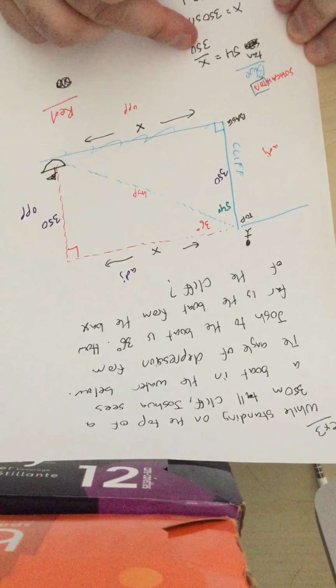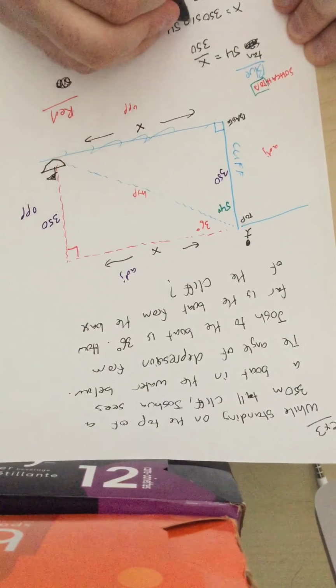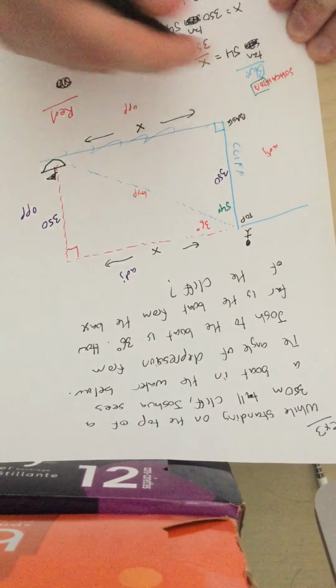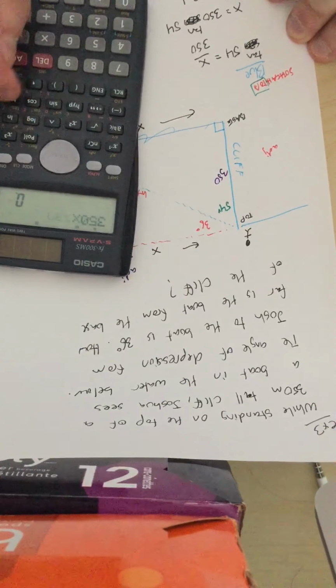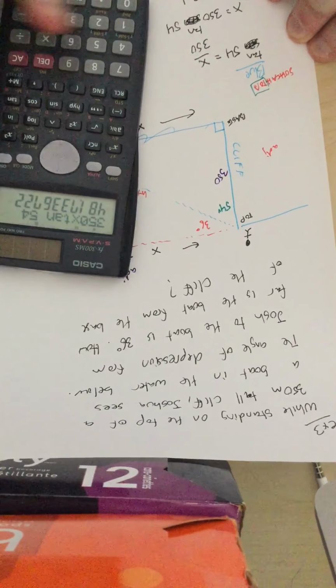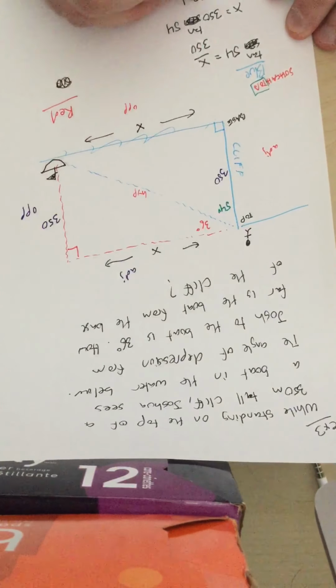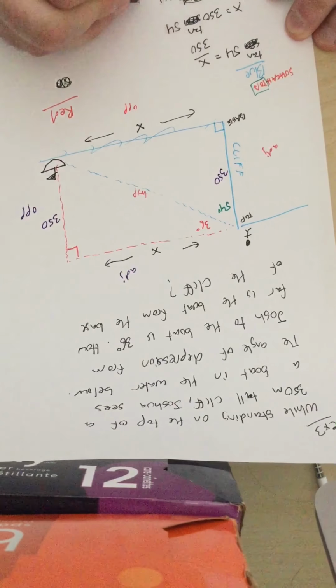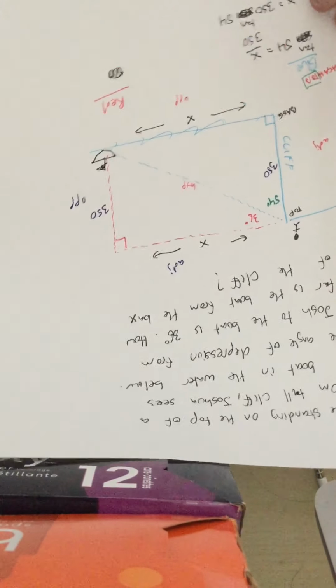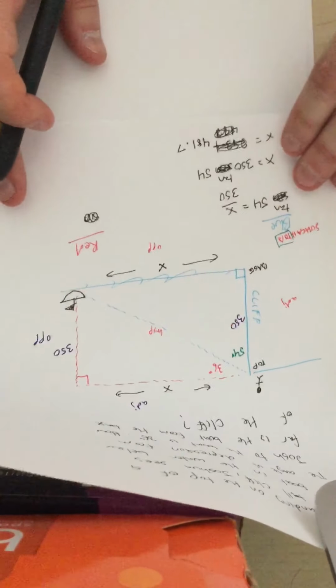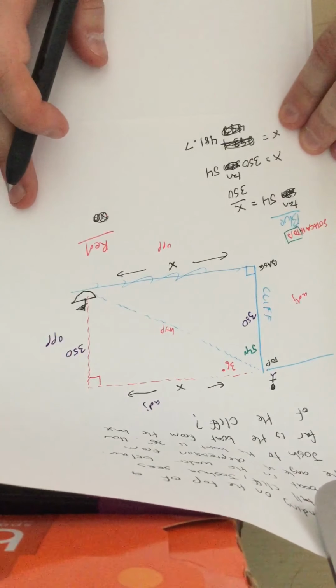Tangent of 54 equals x over 350 because it's opposite over adjacent, which means 350 times the tangent of 54 is 481. This is why I shouldn't make the videos too long, because usually at this point I would have restarted the video, but I'm not going to redo that now. So that's what it should have been. It should have actually been 481.7.